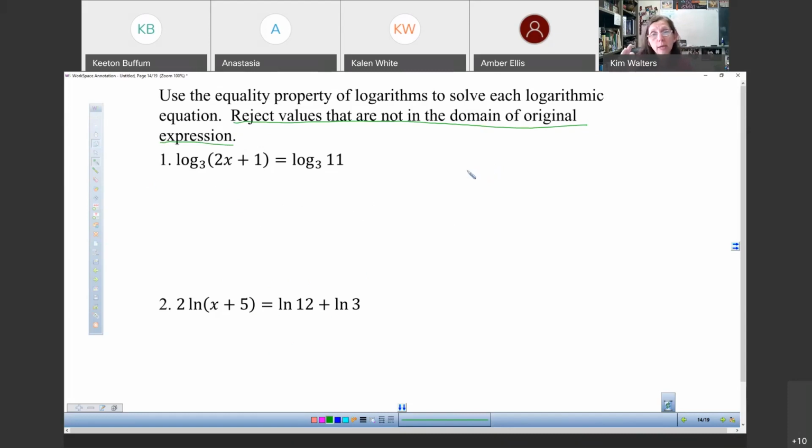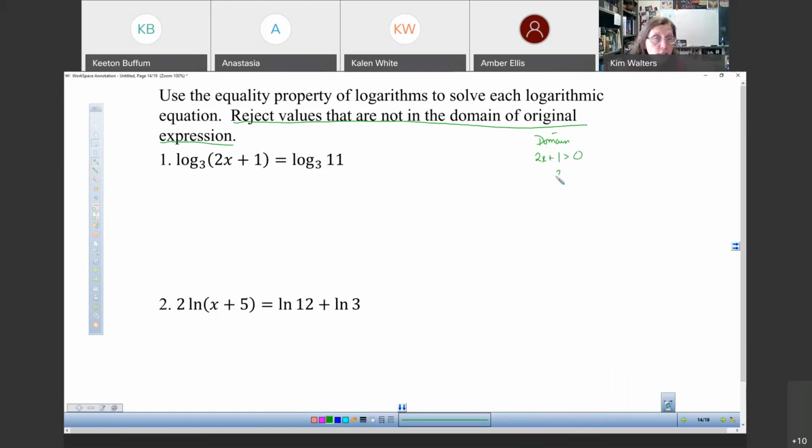Radical equations, we had to make sure it didn't give us a negative number. Logarithmic equations, we have to make sure the x value doesn't give us anything negative, okay? So let's find the domain. We don't have to worry about this side because there's no x, so the domain is where 2x plus 1 is greater than 0.